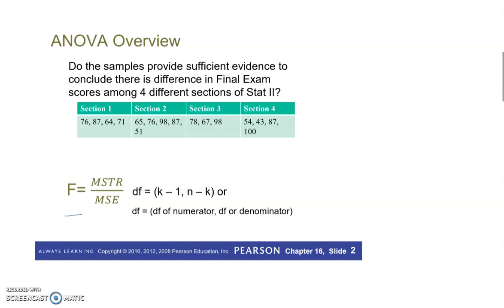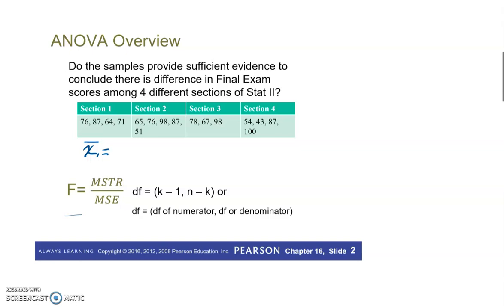So what you are given in this particular problem is your actual data. As you know, we work with data and we work with summary statistics. So if I want to convert this to summary statistics, I would then need to find the mean of each data set. I've already done that for you. You can utilize your calculators for this, or you can plug the numbers into StatCrunch and quickly get summary statistics from either StatCrunch or your graphing calculator if you have one.